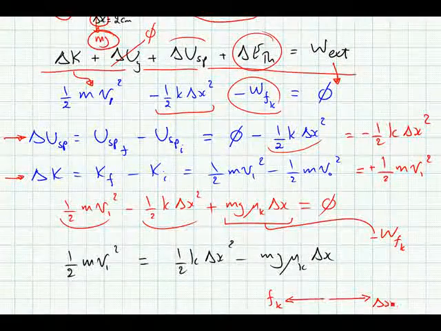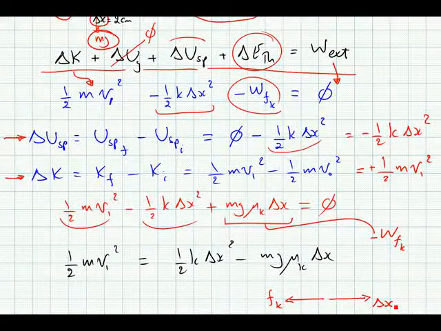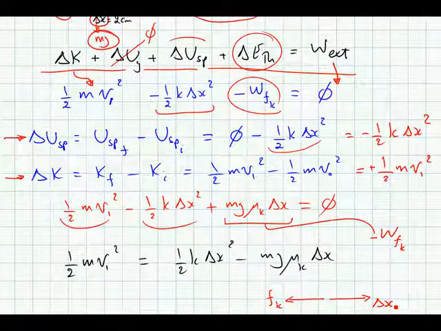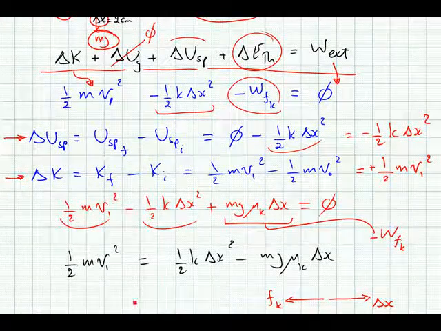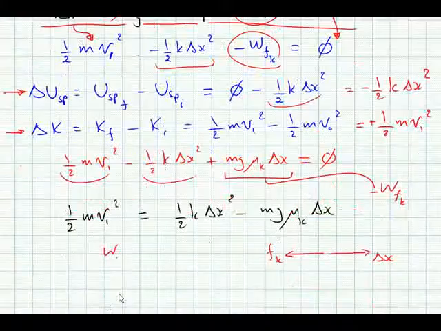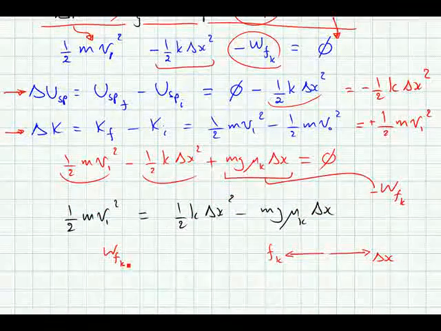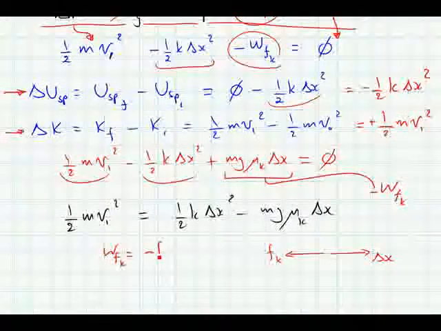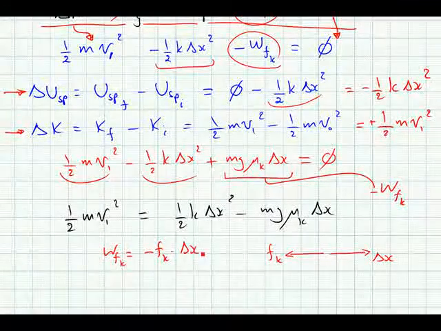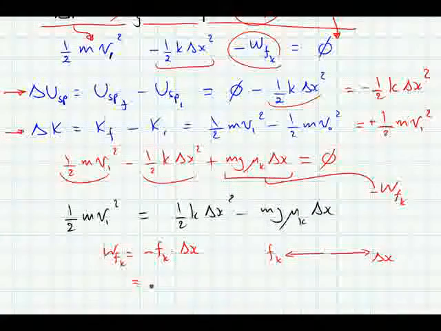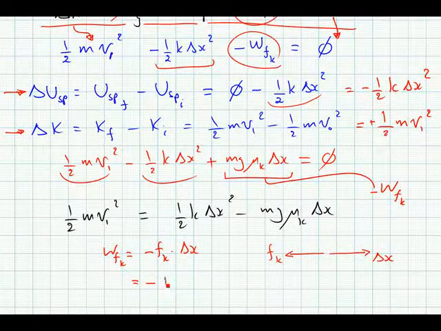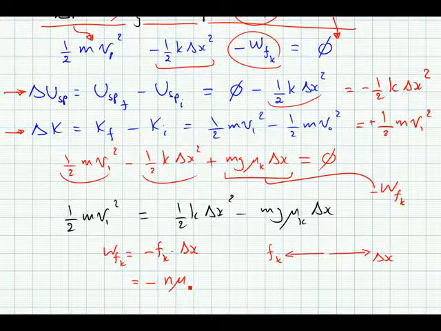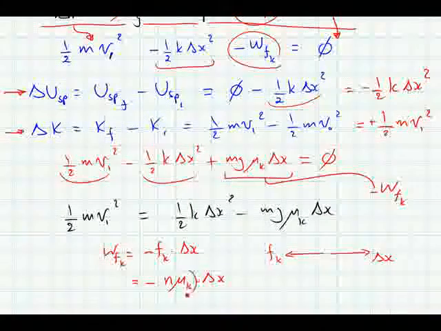Our displacement is through delta x, that is, the magnitude of displacement is delta x. Now the work done by friction force is equal to minus Fk times delta x, which is equal to minus normal force times mu k delta x.